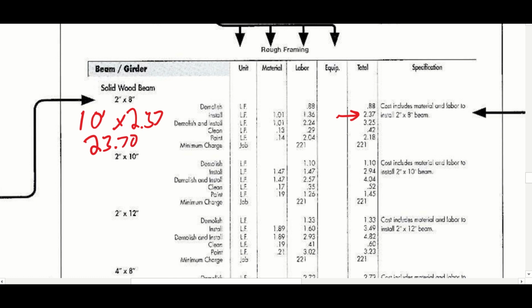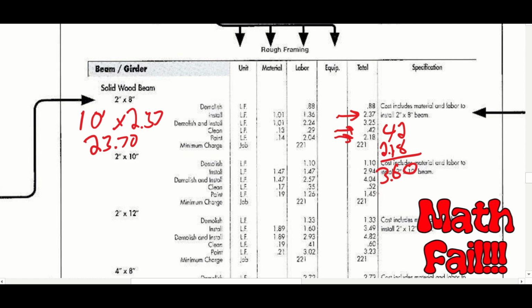Now let's say the customer also wants it cleaned and painted. So 42 plus 218 is going to be 0, 4 plus 1 is 5, plus 1 is 6. 360. And we're going to have 10 feet of that.